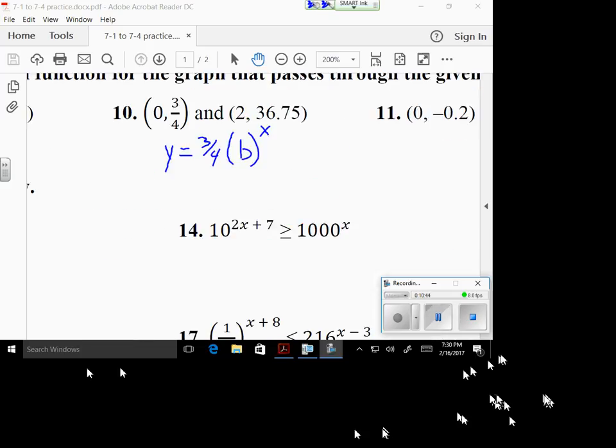Same process for number 10. 3/4 is our y-intercept, so that'll be our a. Plug in 2 for x, 36.75 for y, and solve for b. So what we'll need to do is multiply both sides by 4/3 to cancel.